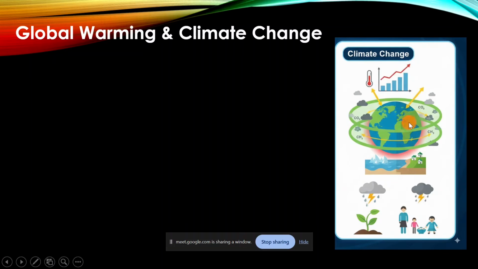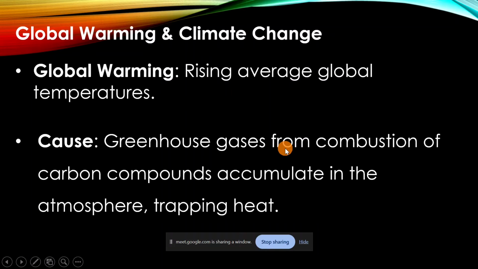But if there are gases known as greenhouse gases surrounding the ozone layer, those gases block the heat from going into the atmosphere. So they reflect it back into the earth. As they reflect it back, the earth begins to become warmer, and that is global warming. And that's how global warming is caused.